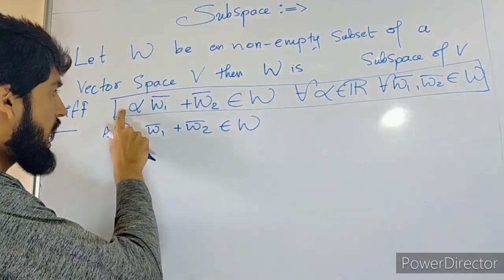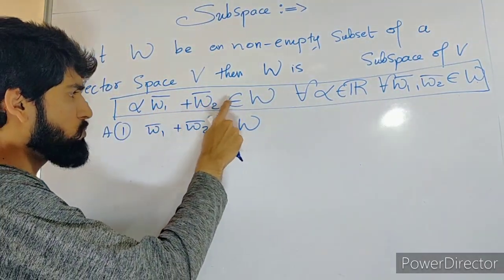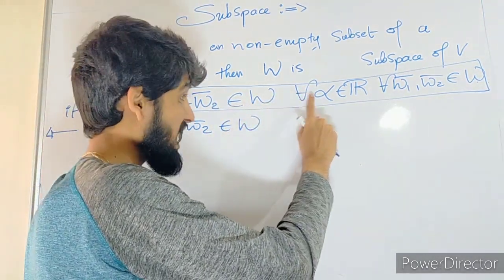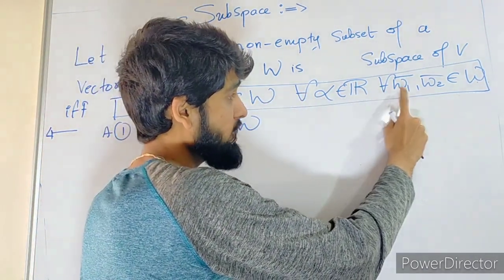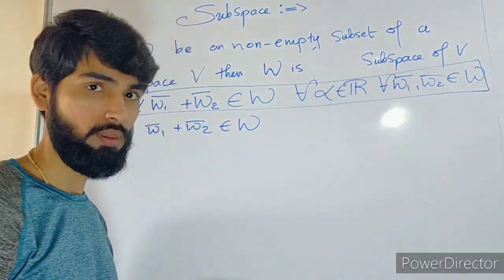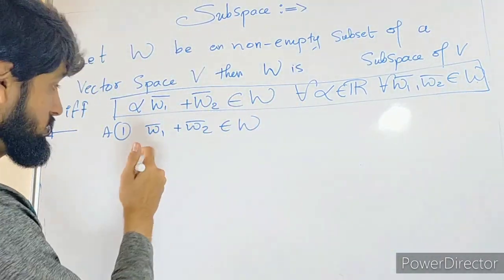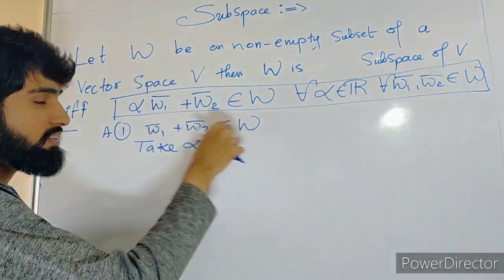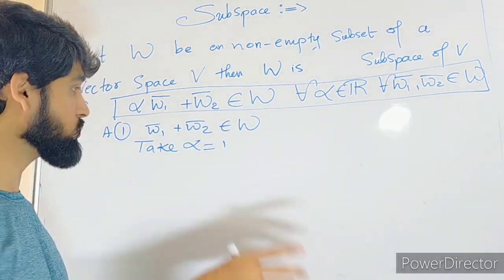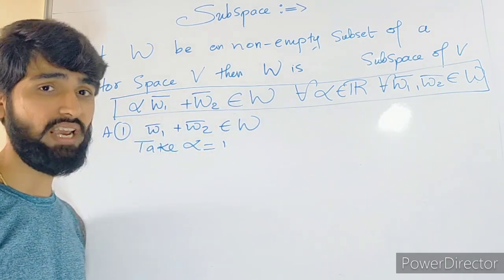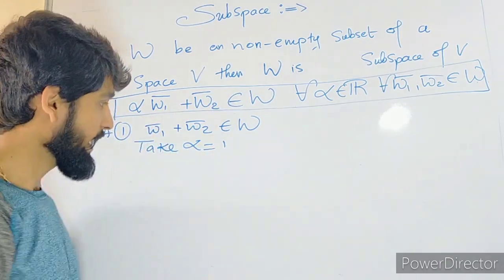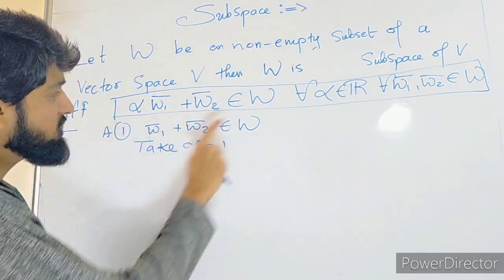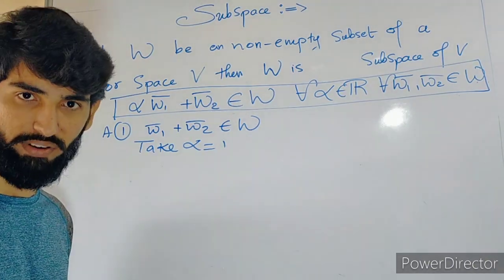So you know that alpha W1 bar plus W2 bar is an element of W for all alpha, for all W1 bar, W2 bar inside W. So in that condition, we take alpha equal to 1 and we get this. By the properties we know that 1 times W1 bar is the same as W1 bar. Hence by taking alpha equal to 1, we see that the first condition is satisfied.